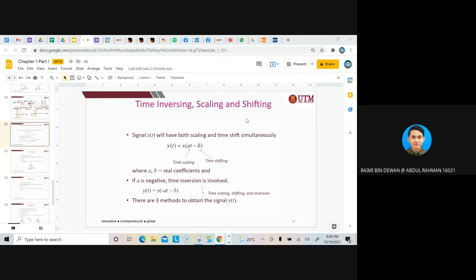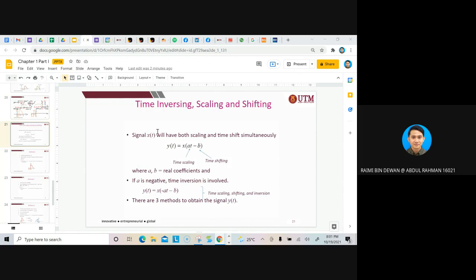We have learned three operations in time, on the horizontal axis: inversion, scaling, and shifting. Practically, this is not something special. A signal can have more than one operation occur to it, or it can be all three.